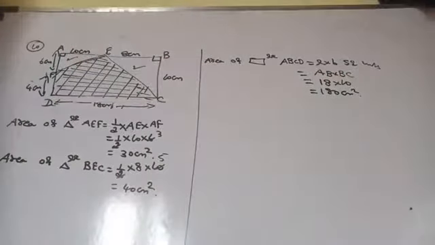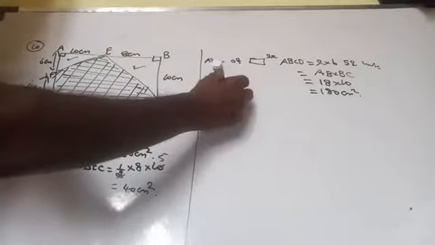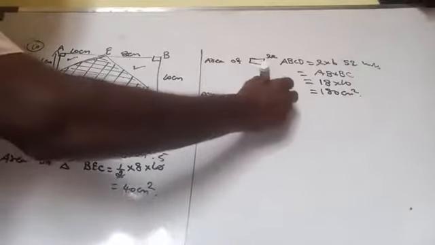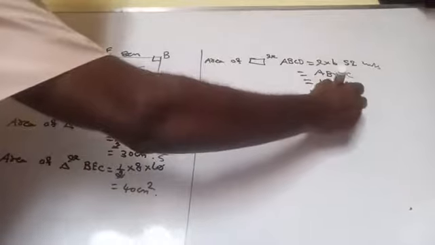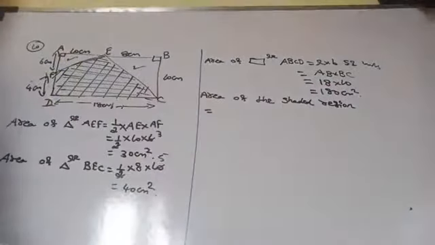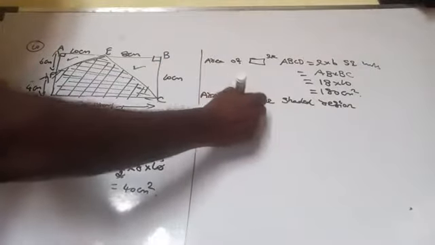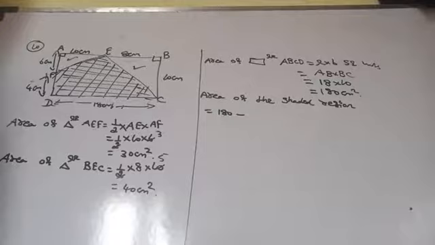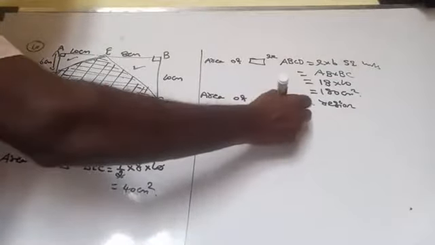Now what are we trying to find? Here we are trying to find the area of the shaded region. That is the area of the rectangle minus the areas of these two triangles. The area of the rectangle is 180 minus the area of triangles, 30 centimeter square plus 40 centimeter square.